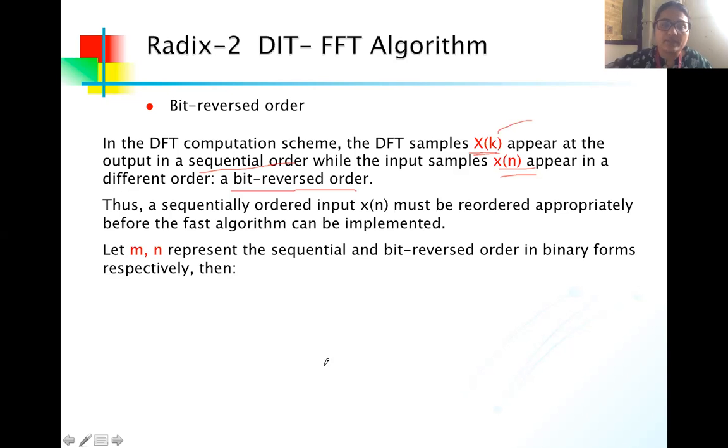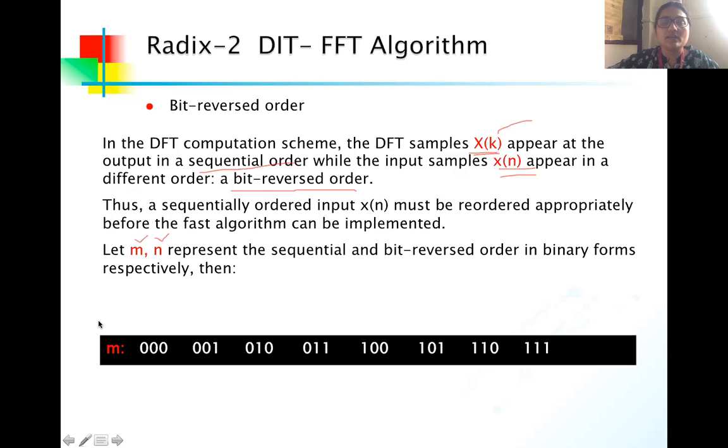What is this shuffling? So here two variables have been considered, m and n, in order to represent the sequential input and bit reversal input. So you can see that. Here this m is representing the input variable. So this input is x of 0. This is x of 1, right?